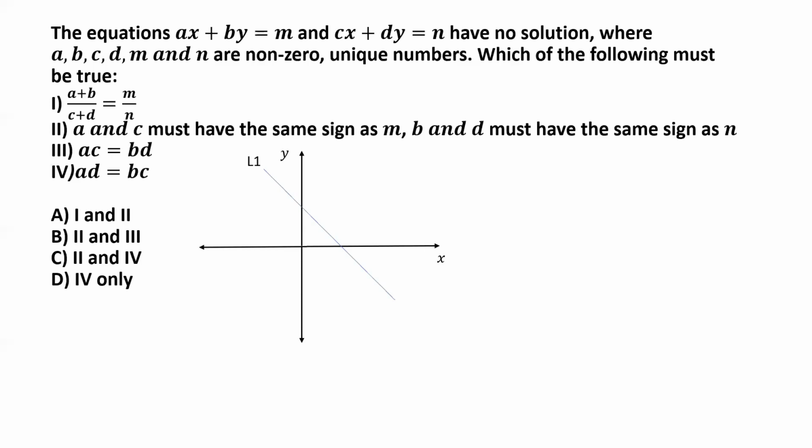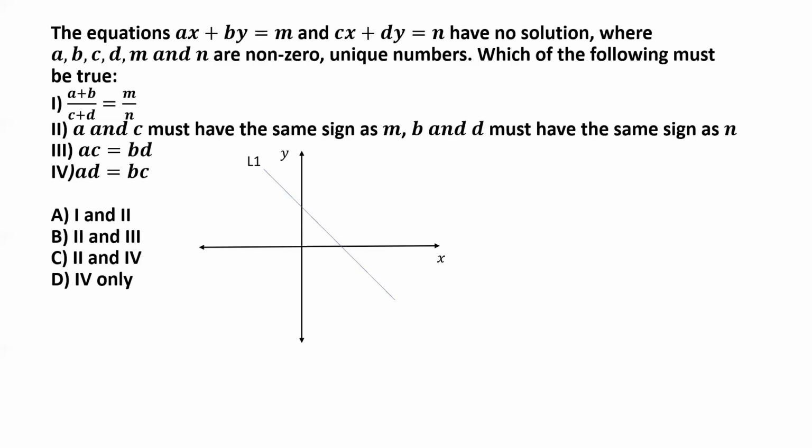If we consider the other straight line representing the other equation, cx plus dy equal to n, then if those two equations have a solution, graphically it means that these two lines will have to intersect. Because what's the solution to a pair of equations? The solution is a set of values of the variables that satisfy both equations.